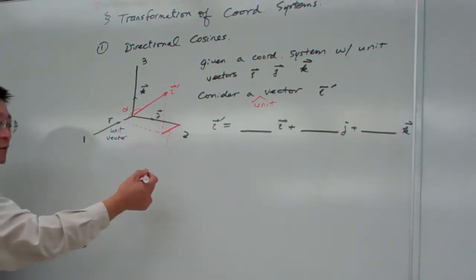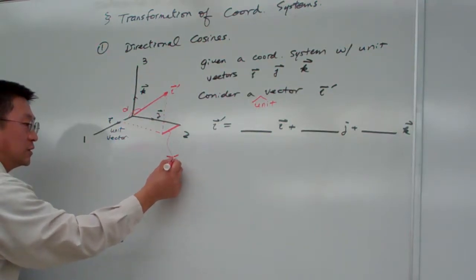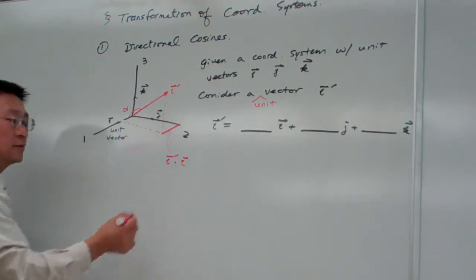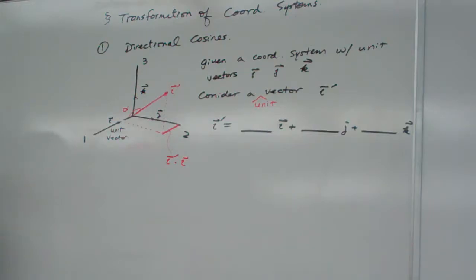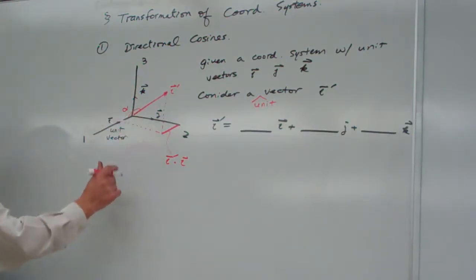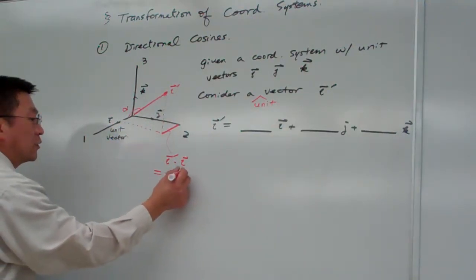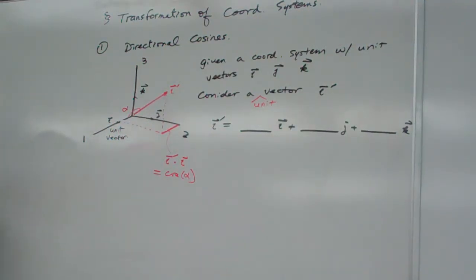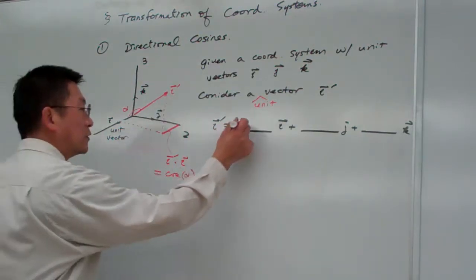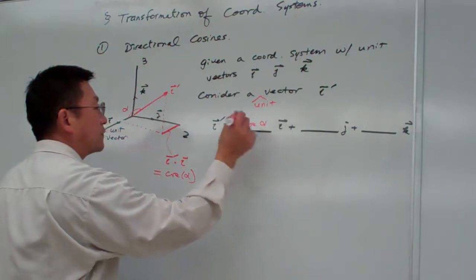So in terms of the inner product, that is represented by this one, right? And also the two are unit vectors. Basically, if the angle is alpha, that is also called cosine alpha. So here, the first quantity is simply cosine alpha.